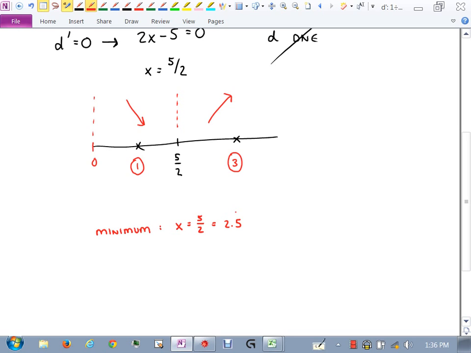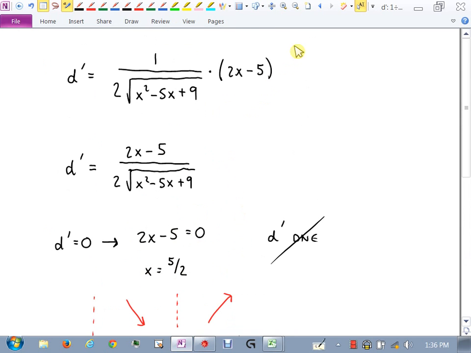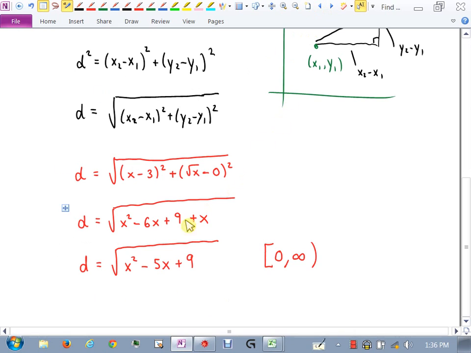Now, what is the smallest distance? That's where it happens, right? What is the smallest distance? Plug that into the actual distance formula. Take 2.5, plug it into the distance formula, which would be any of these. I would just plug it in right here, and you get the distance. So I'll do that real quick just to actually figure out the distance.